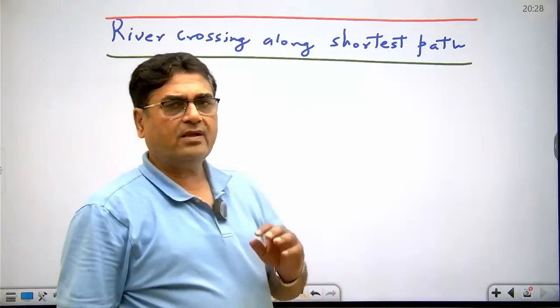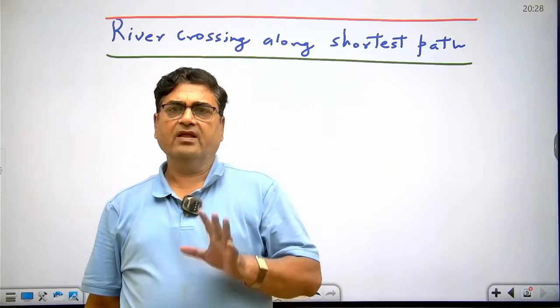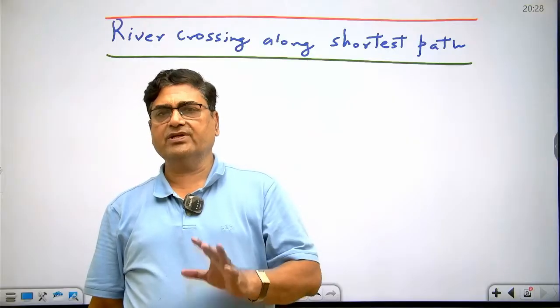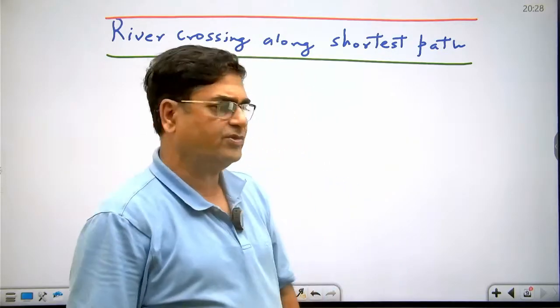Dear student, the river will be crossed along shortest path only when there will not be any net velocity along the direction of flow of river. Okay, then only the river will be crossed along shortest path.